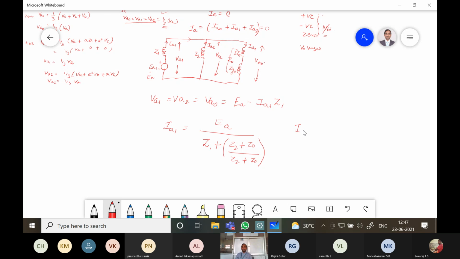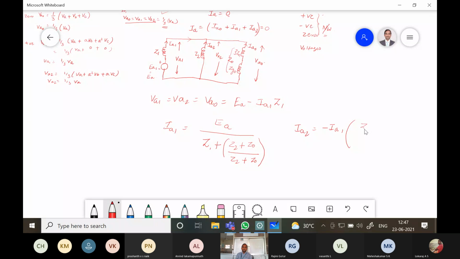Similarly, suppose I want to write IA2 is equal to minus IA1 into, because IA1 is in this direction, the opposite direction, so minus IA1 into, this is the branch current, this is the main current, into the opposite impedance divided by the sum of total impedance. What is the opposite impedance for Z2?